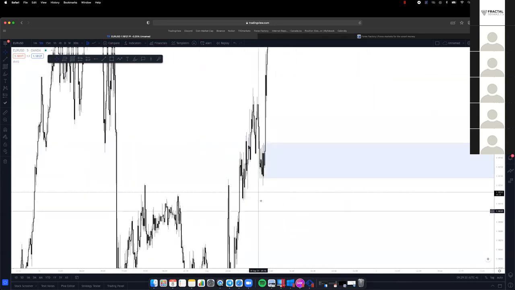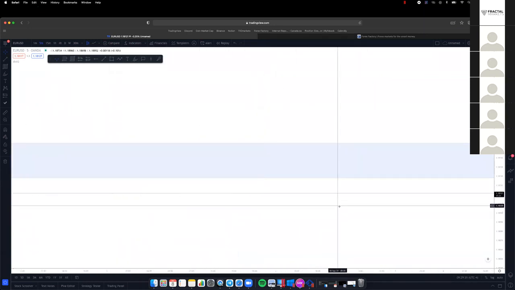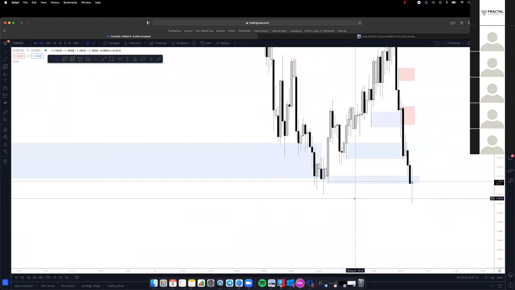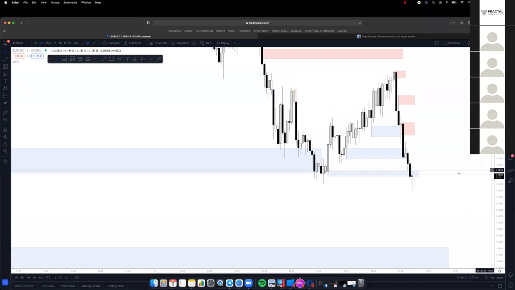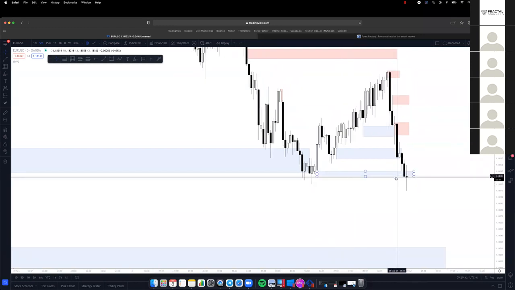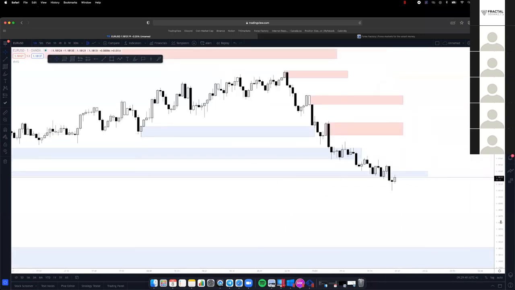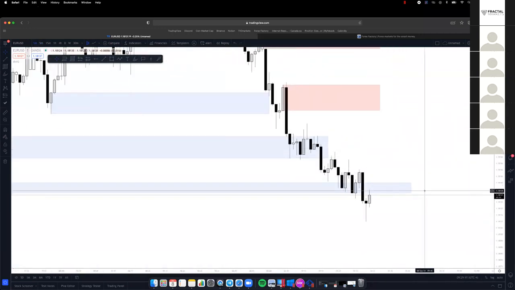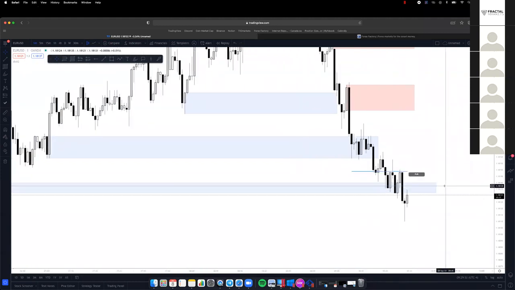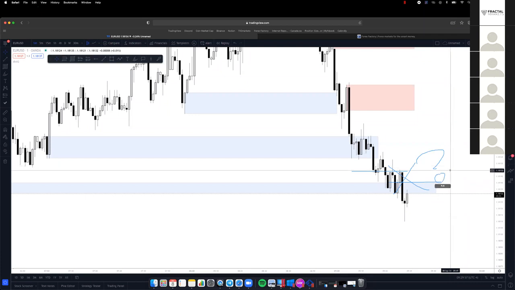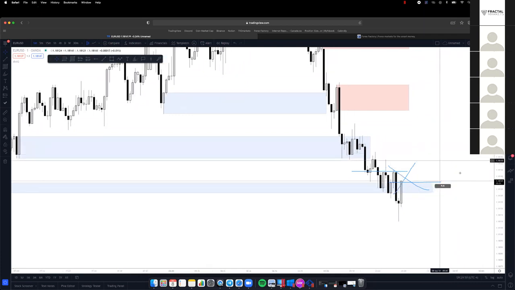There's nothing in here that we're expecting a reaction from. So it should be pretty clear sailing at this point. But once we break structure, more often than not, we tend to pull back. So just stuff to think about. Could take it if you wanted.